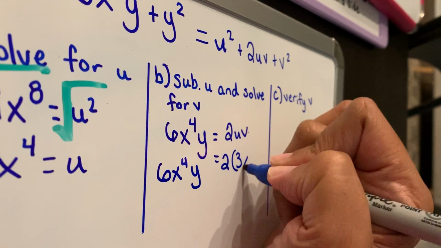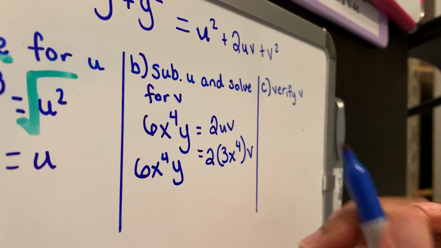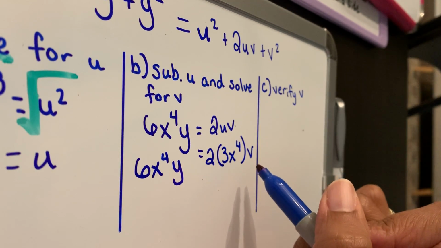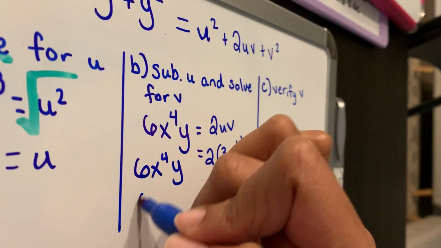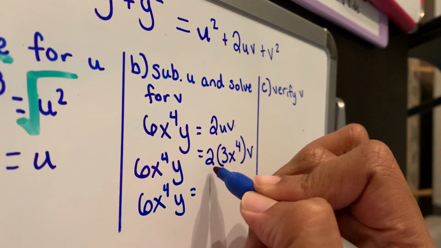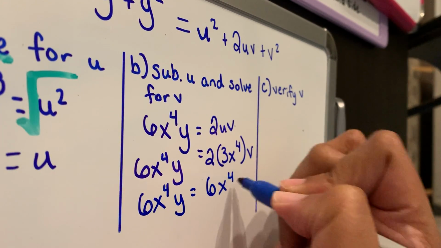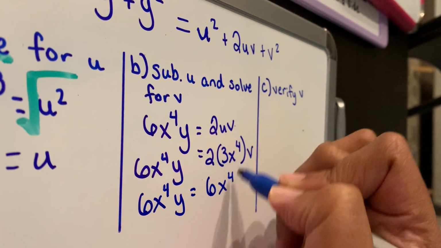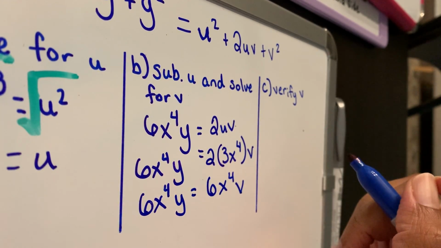So 3x to the 4th times v, okay? Now, I don't know what v is yet, but I will as soon as I solve this. All right, so what do we know? We know this won't change. 6x to the 4th stays the same. Y. 2 times 3x to the 4th would be 6x to the 4th. Just multiply 2 times 3 to get 6. X to the 4th will still be there. And then v will still be there, okay?